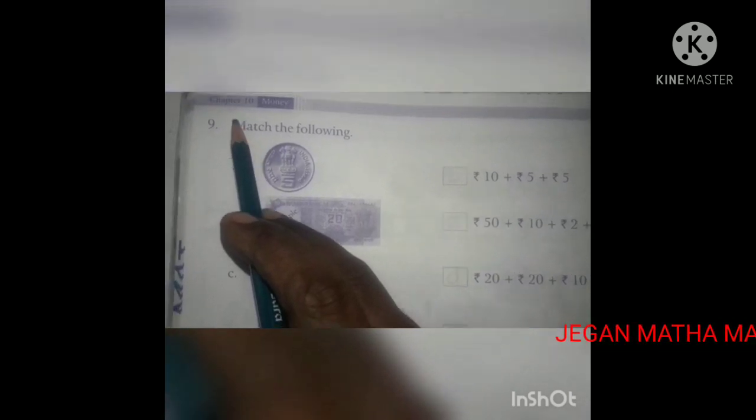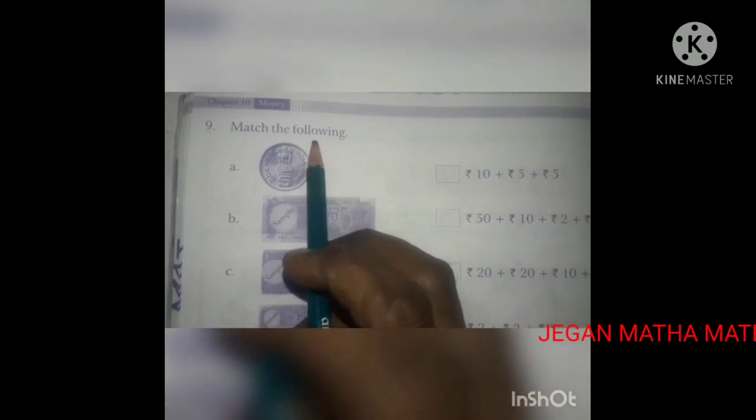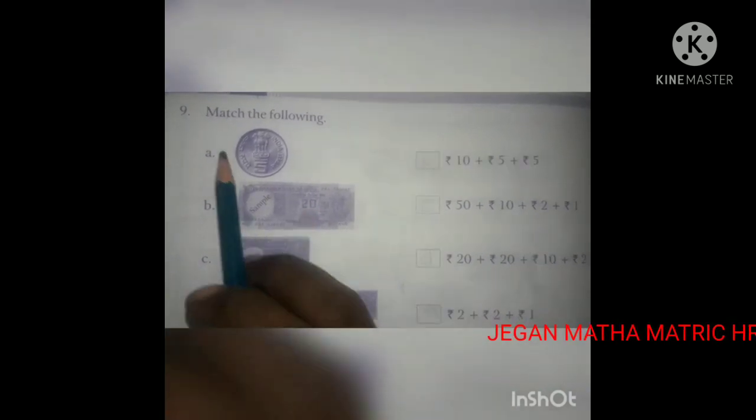Children, today we are going to learn maths chapter number 10. Match the following. Okay, chapter number 10, money chapter. Match the following, maths subject. Okay, come on, let's learn now.